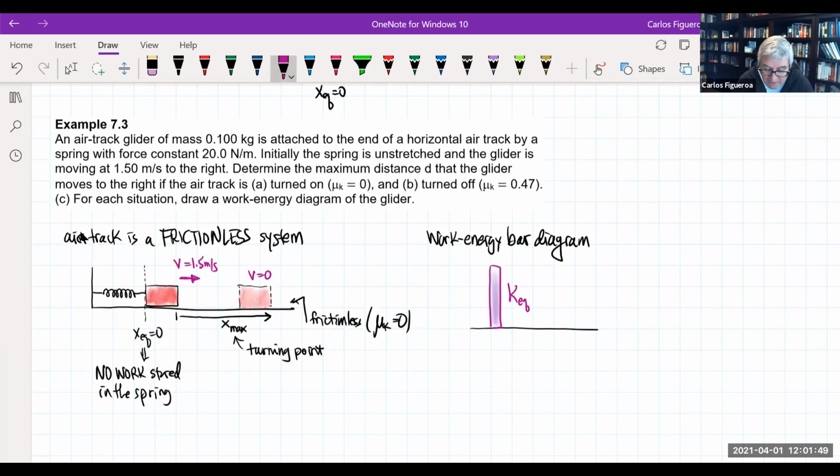Because that's the turning point, the kinetic energy at the turning point must be 0, because that's where it turns around. The only way that could be true is if there is negative work of the spring. If this is 3 squares, then this has to be 3 squares, and that has to be the work of the spring.